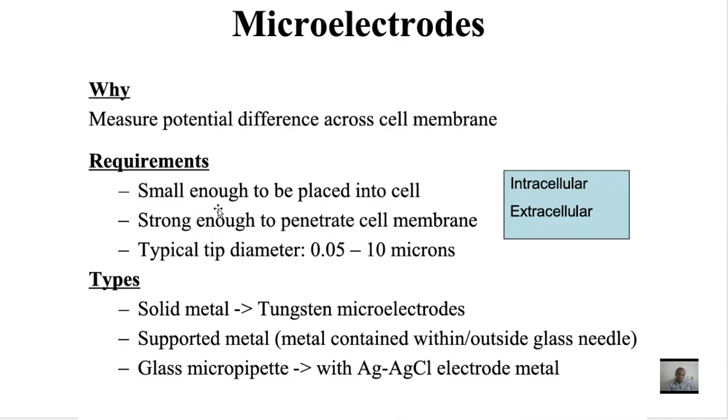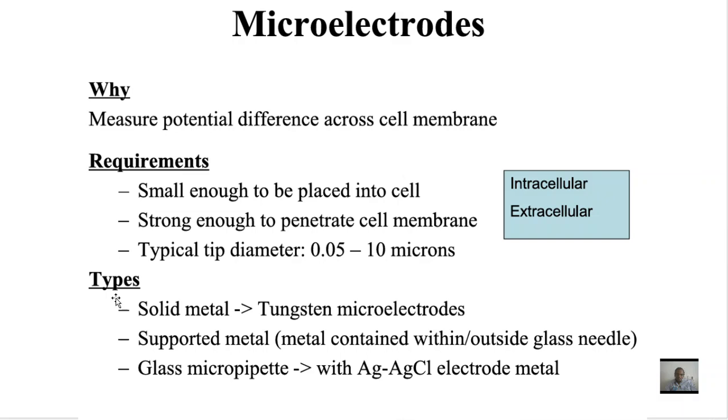Next one is, not only small, it is strong enough to penetrate the cell membrane. Typical tip diameter is 0.05 to 10 microns, so it is in the order of the micron level. Next one is types.